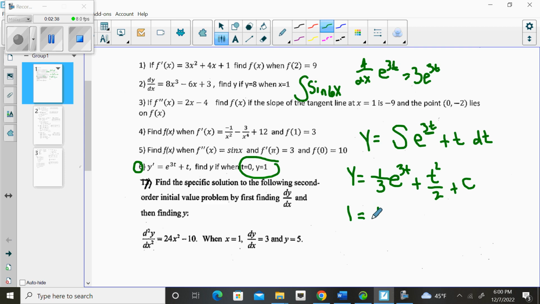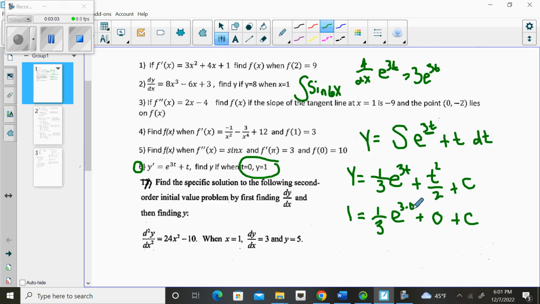I know in class I talked about how we love it when we plug in 0 because usually that makes all the terms 0, but that is not true for e or for trig. It will be true right here because t is 0. 0 over 2 is just 0 plus c.